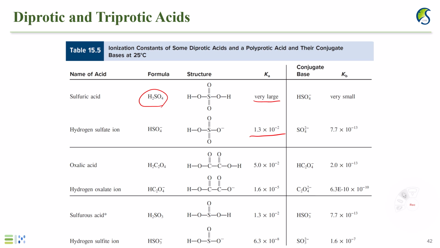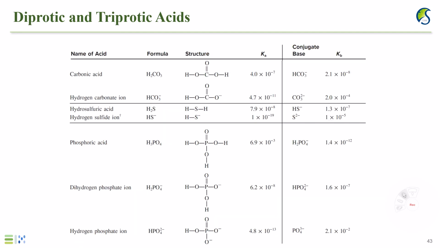For another acid, for example oxalic acid, the Ka for the first step is this, and the second step has a Ka value of this, which is much lower than the first one. It is the same for all the other diprotic or triprotic acids. So you can see the Ka becomes smaller for the following deprotonation steps. And also in this case, the product of Ka and Kb always becomes Kw, in every case. Okay.